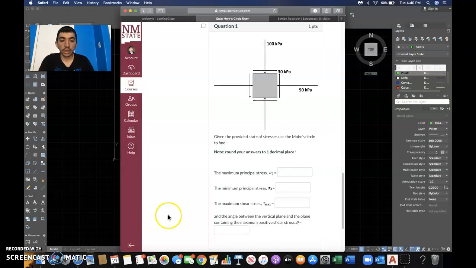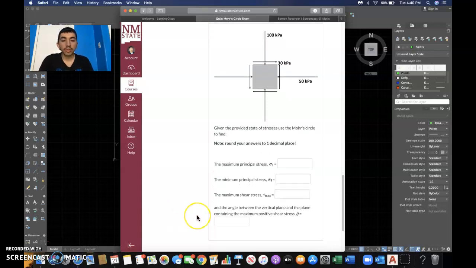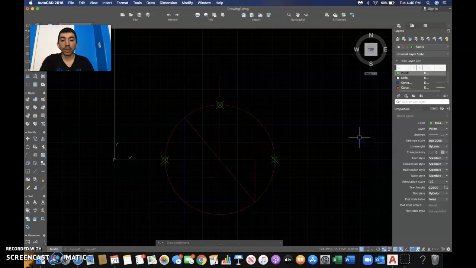Okay, so now let's see what else. The angle between the vertical plane and the plane containing the maximum positive shear stress. Okay. So I'm gonna go back to my planes layer just so I don't get confused.